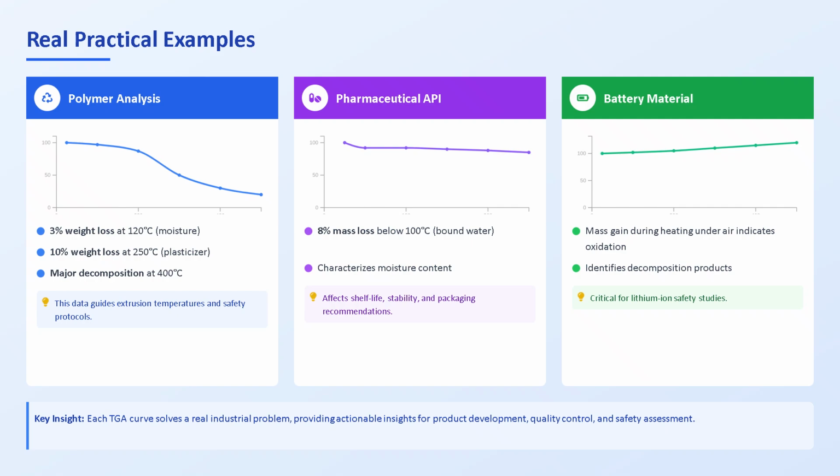In pharmaceuticals, an 8% mass loss below 100 degrees Celsius indicates bound water, a critical factor for shelf life and packaging. In battery materials, a mass gain under air may signal oxidation, a key parameter for lithium-ion safety. Each TGA curve solves a real industrial challenge by providing actionable insights.